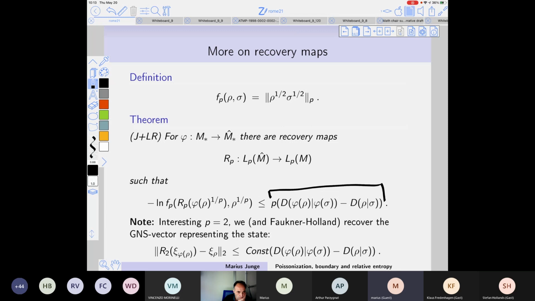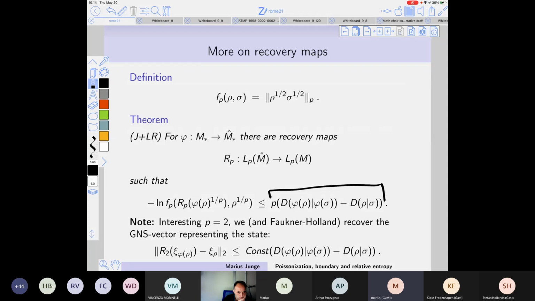But the important thing which I want to mention is that these results allow you to prove something interesting. Namely, if you have two states in the GNS reconstruction which represent two states, right? If you're in a von Neumann algebra, you always have GNS vectors in the corresponding L2 space.